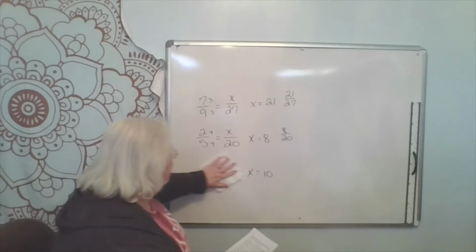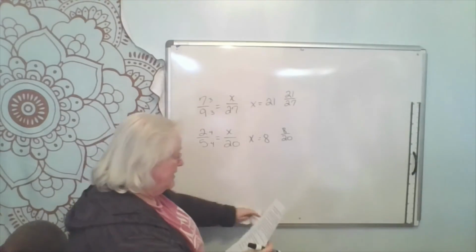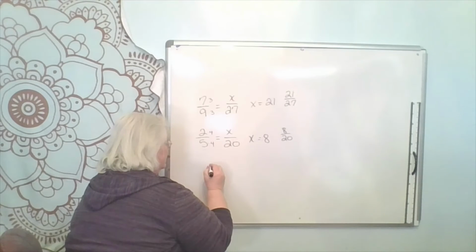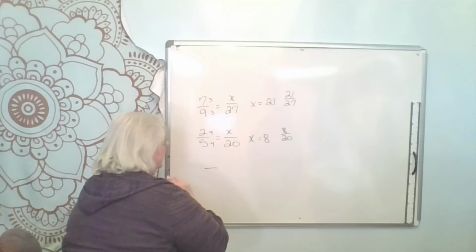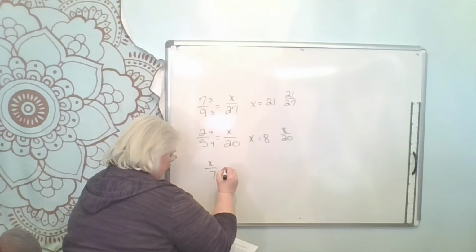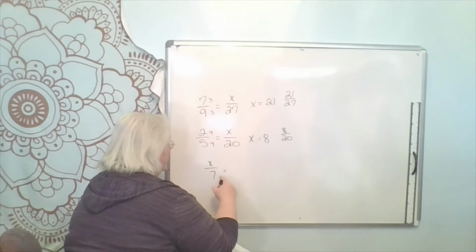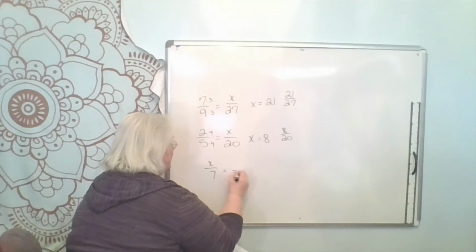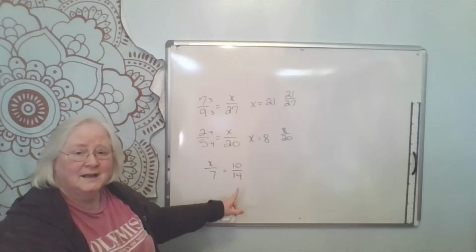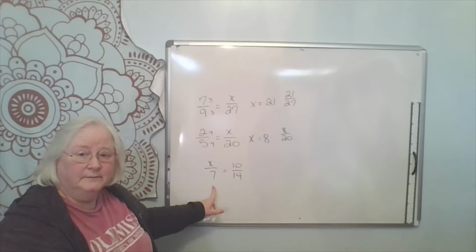Now, most of the time, that's how you'll see it. But let's say that you see your x here, and you have 14 over 10. This time, it's backwards, isn't it?